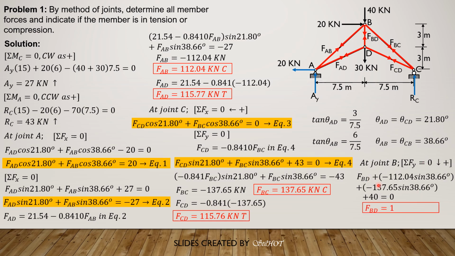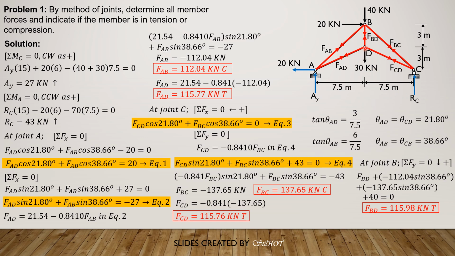Solving for FBD, the only unknown, FBD is equal to 115.98 kilonewtons. As a customary check, you should sum up forces along X at joint B, then prove that it is almost 0 or simply 0.